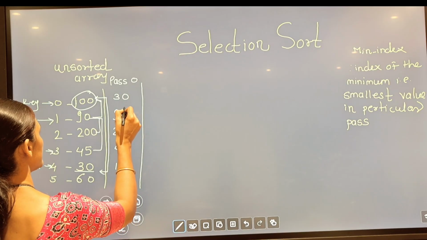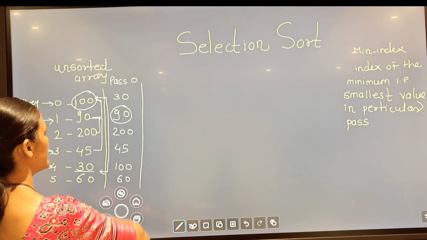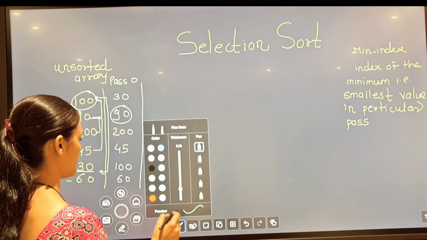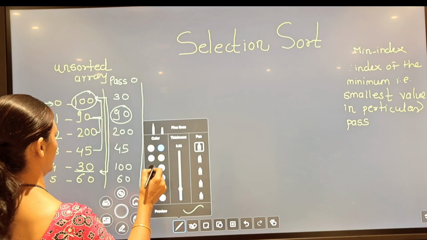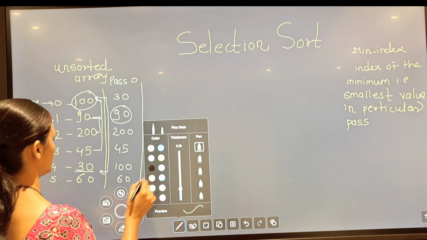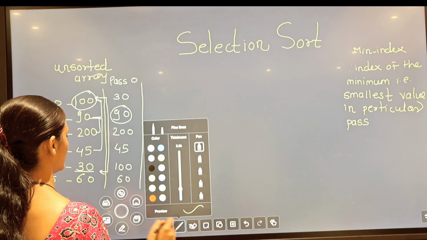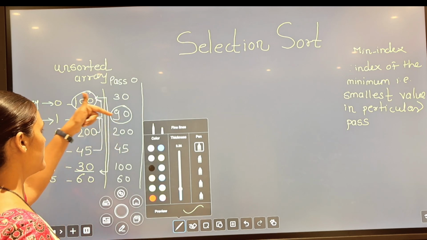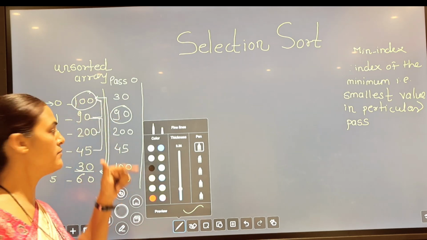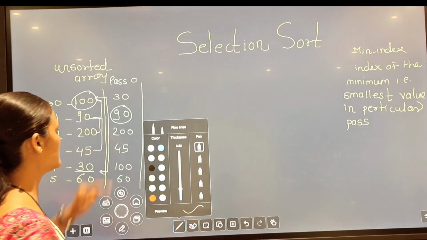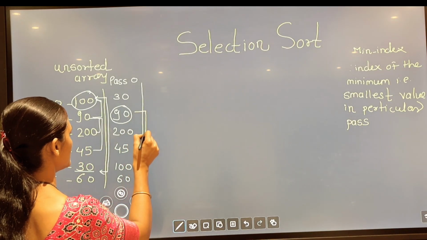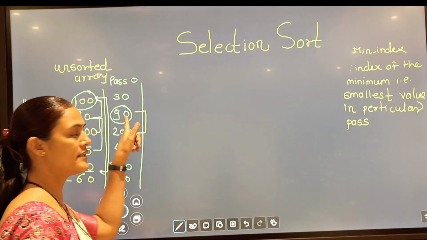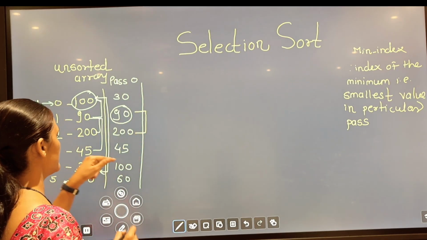Now our key is transferred to the next index, that is index 1. So compare now the key value with the next value. Its minimum index will be at index 2. So compare these two values. Again 90 is smaller than 200.